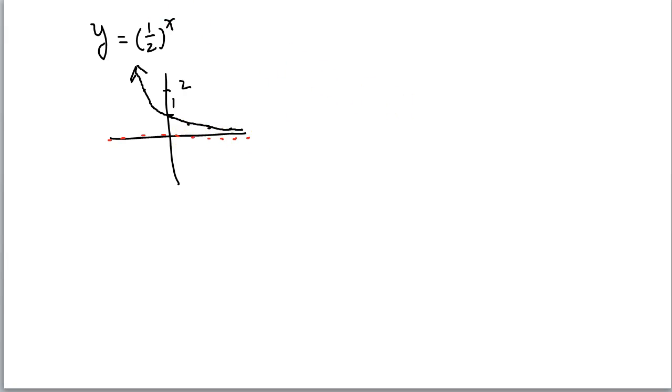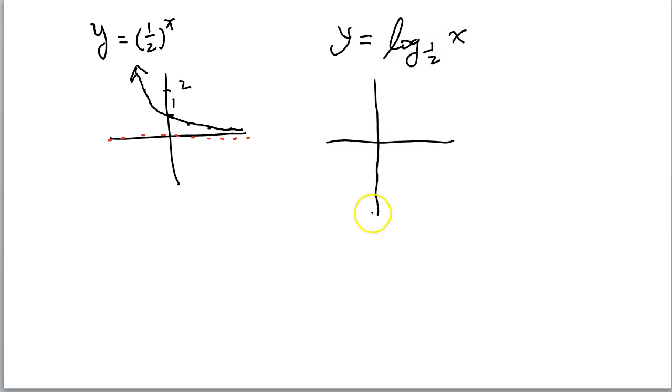Again, you have the horizontal asymptote as the x-axis. Therefore, when you flip it, the inverse function of this function is log base 1/2 of x. So if you flip it, the horizontal asymptote will become a vertical asymptote, and since the first quadrant will still stay as first quadrant if you flip this over y equals x, the diagonal line, you would expect that the graph will get closer and closer to the y-axis as it's going up.